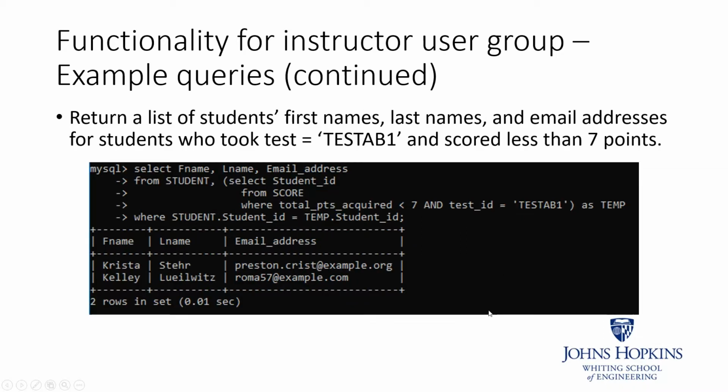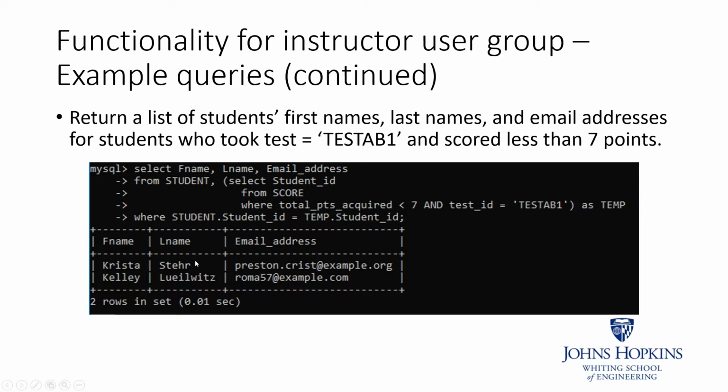Here's another example query. Let's suppose that the instructor wanted to return a list of students' first names, last names, and email addresses for students who took test AB1 and scored less than 7 points. If you remember from earlier in the presentation, test AB1 had 11 points, so maybe if a student scored less than 7 points, that might be something that would concern the instructor and they want to get in touch with them.